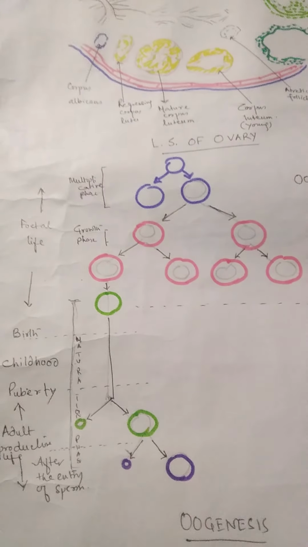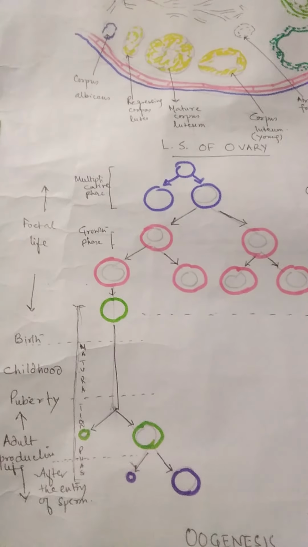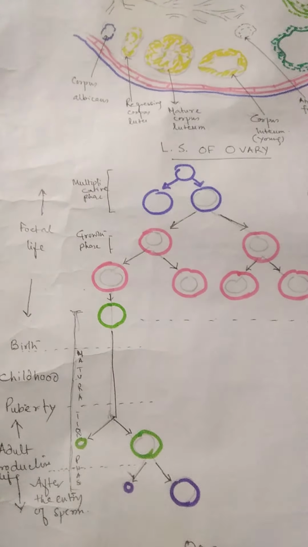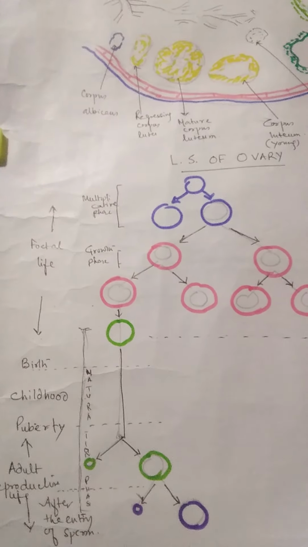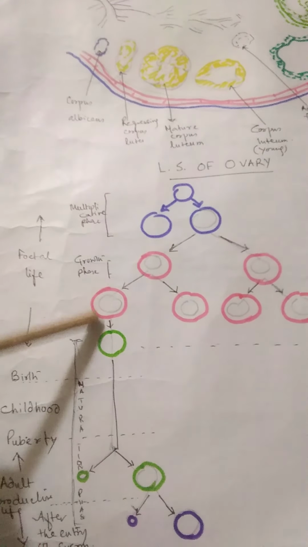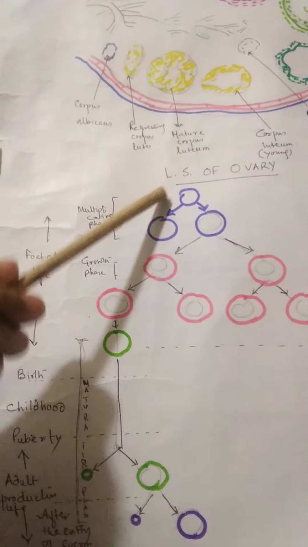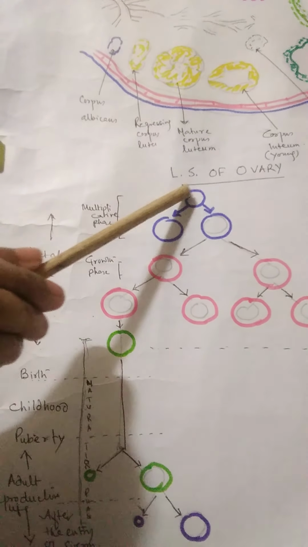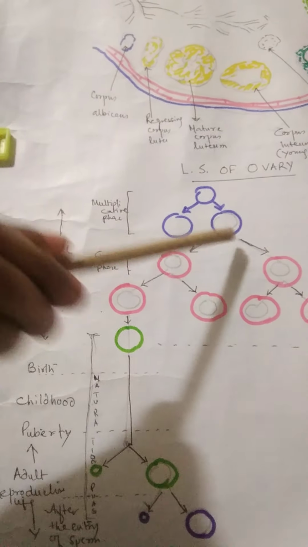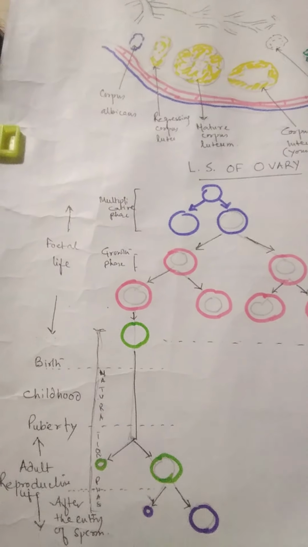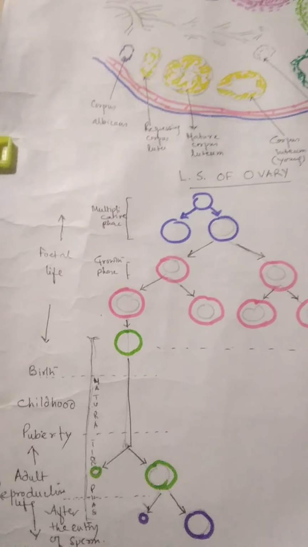Next, we will discuss another very vital part of the female reproductive system, that is oogenesis, the formation of the egg. Now you can see here, these are the oogonial cells. These oogonial cells, which are formed from the germinal epithelium, divide and redivide to form numerous oogonial cells.